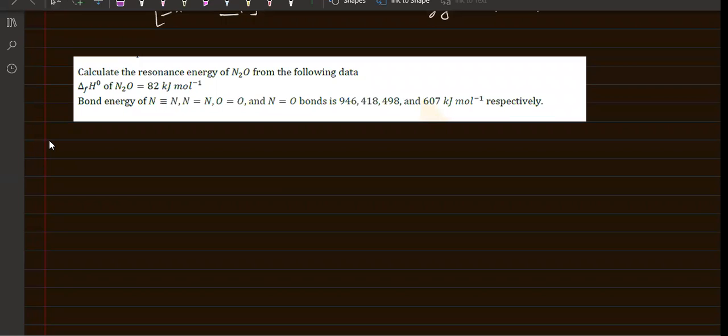So, bond energy is given. We have to find the resonance energy. So, we know that resonance energy is what? Theoretical minus actual, yes or no? Now, theoretically you have to calculate. So for N2O, the structure is this: N triple bond N, then O. Yes or no?